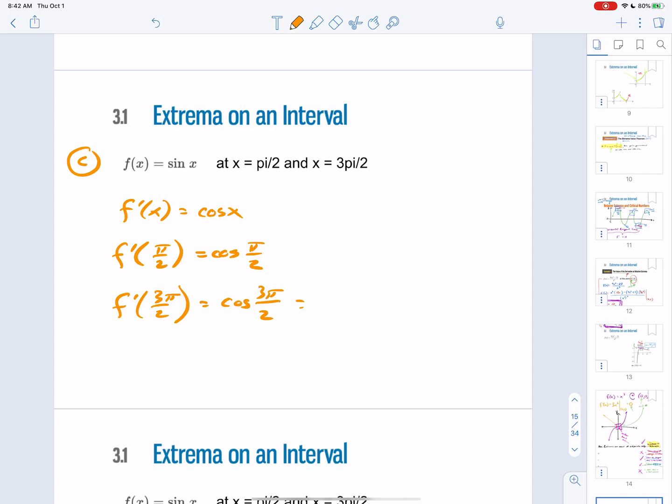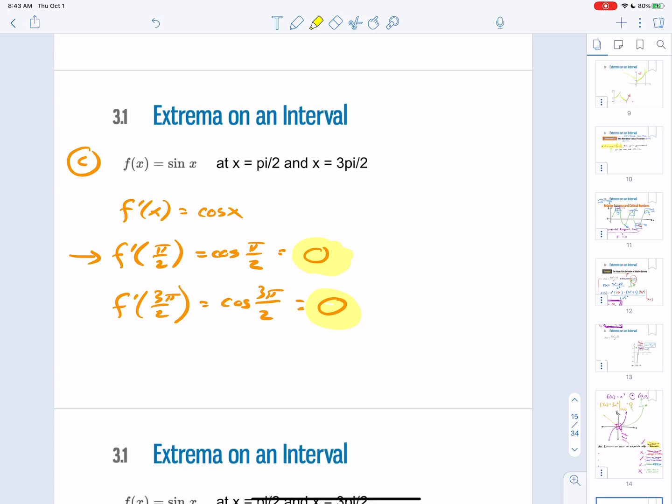You guys got to practice your trig values. For those that I spoke to last year, the one thing that I asked for was that you know your trig ratios. Cosine of pi over 2 is 0, as well as 3 pi over 2. Notice how the derivative is equal to 0. When the derivative is equal to 0, we call those critical numbers.